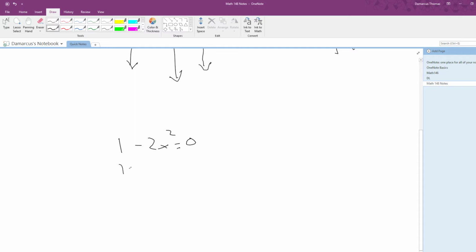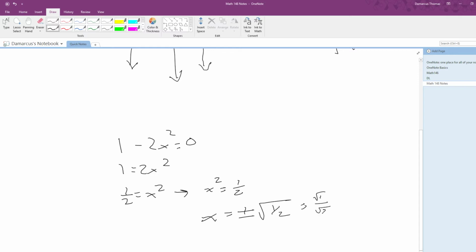Move over the 2x and then divide both sides. And so we're getting, and I'll flip this over. So if you take the square root of both sides, you're getting that x is equal to plus or minus the square root of 1/2, which is the square root of 1 over the square root of 2.